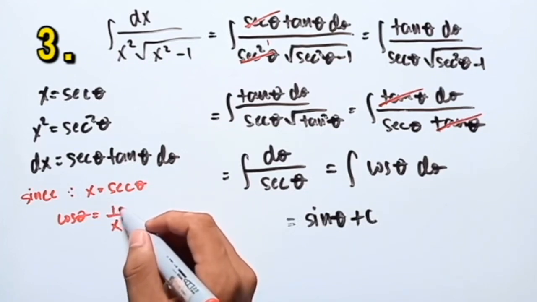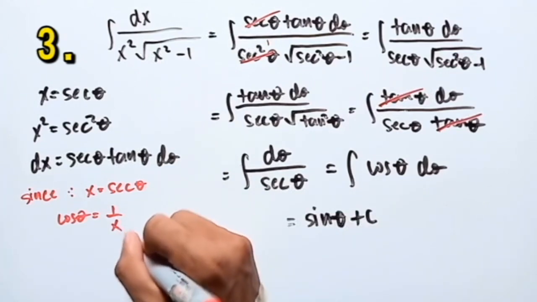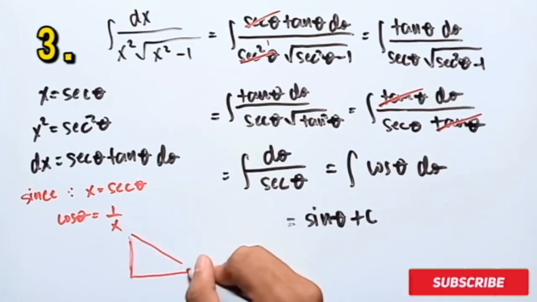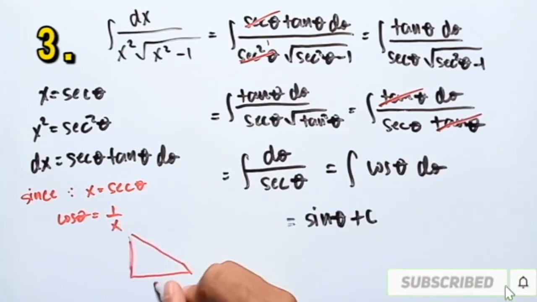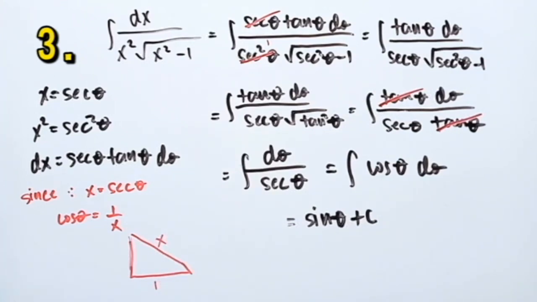So 1 is the adjacent side and x is the hypotenuse side. So let's construct a right triangle. The adjacent is 1 and the hypotenuse is x. Our missing side is the opposite. So this is the missing side.